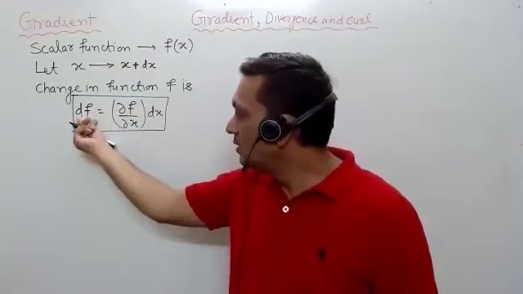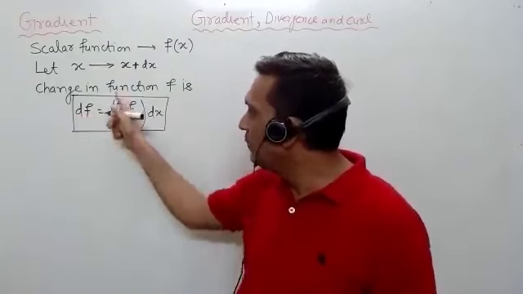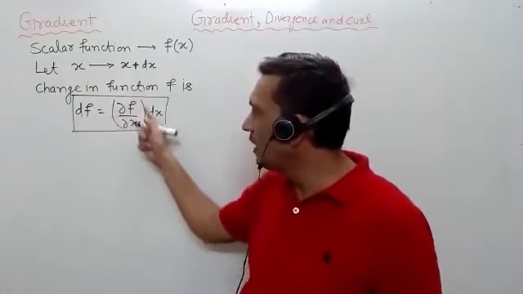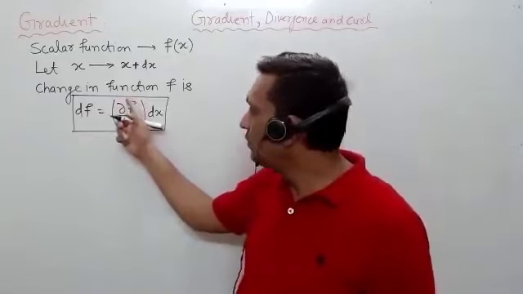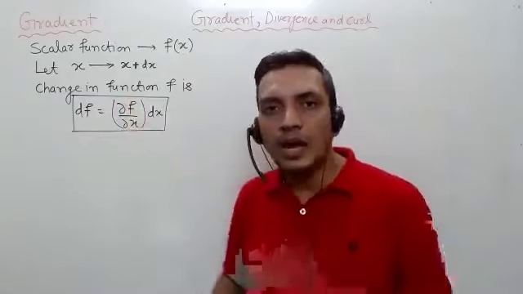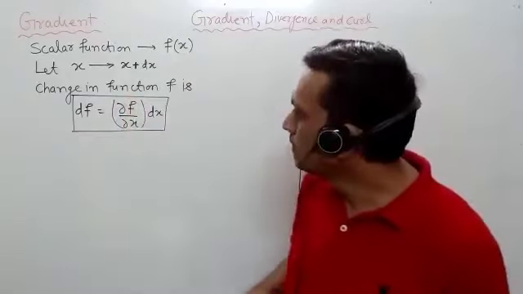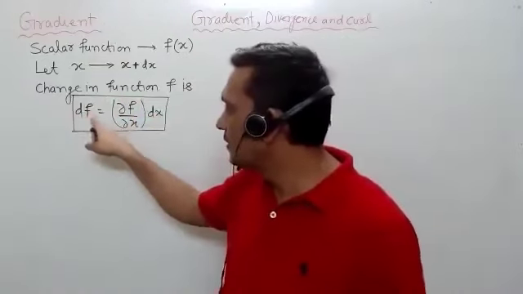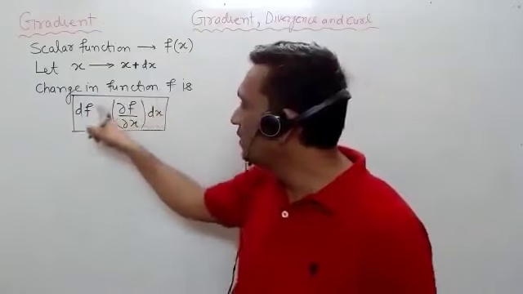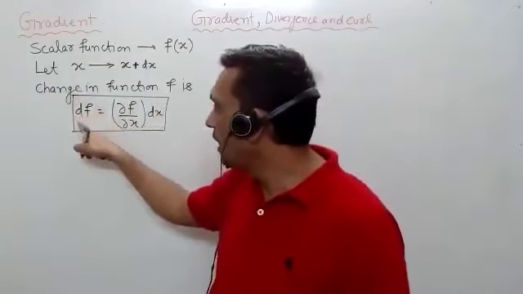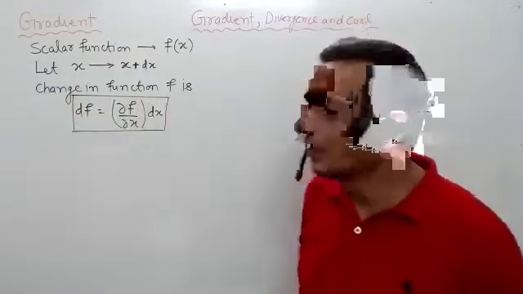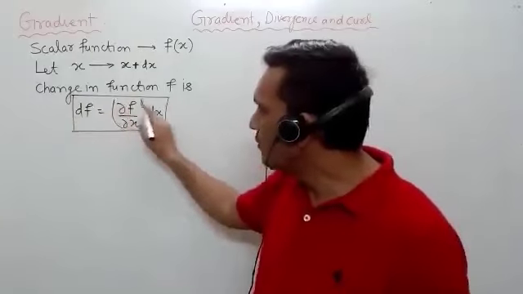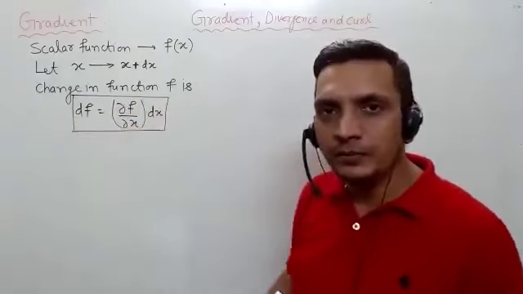This change depends on this term, which represents the derivative of f with respect to x. So this derivative is the proportionality constant in this case. The larger this value, the larger the change in function f.